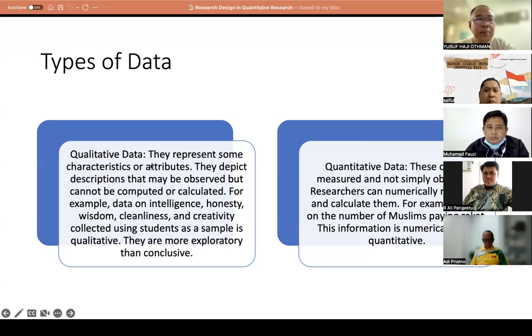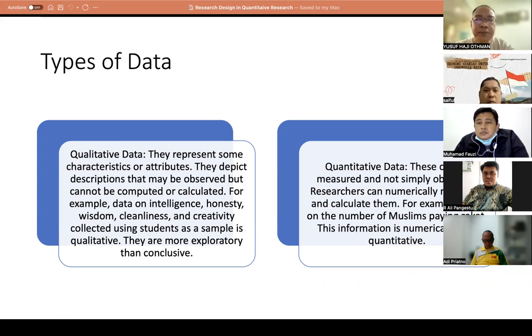They represent some characteristics or attributes. Qualitative data depict descriptions that may be observed but cannot be computed or calculated. So in qualitative data, for example, if you use focus group or interview, the data cannot be calculated. It's in the form of words where you record and then you transcribe the data and you analyze the data. It's not in numbers.